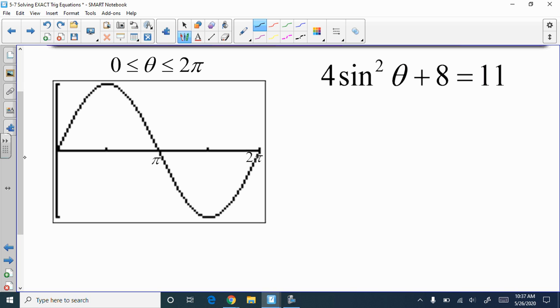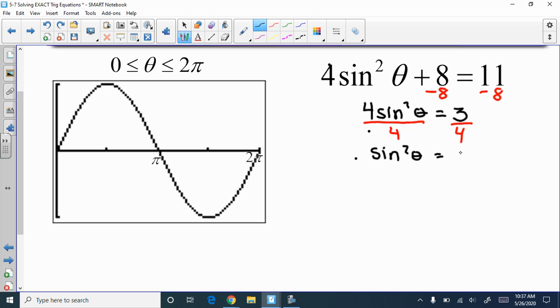So we've got 4 sine squared theta plus 8 equals 11. Now, if you're solving this like an equation, we would go ahead and subtract 8 from both sides. So 4 sine squared theta is equal to 3, and then I would need to divide by 4. So sine squared theta equals 3/4.